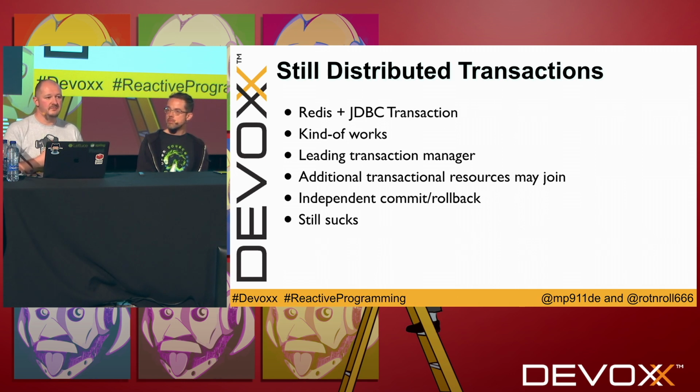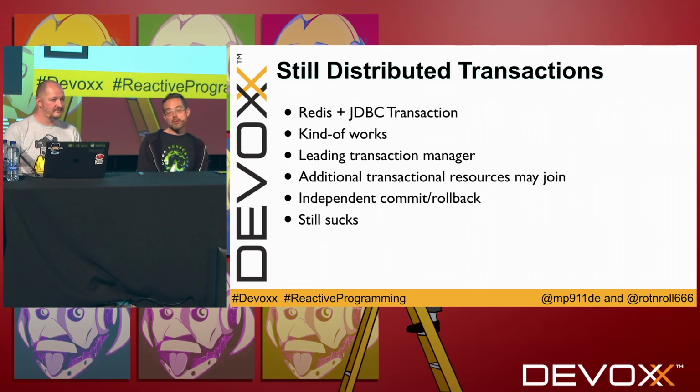That would probably be the JDBC transaction manager that starts the transaction on the JDBC side. As soon as you use Redis in your transaction, the Redis resource just joins the transaction and registers a synchronization. And other resources may as well join. But this is not a transaction in the XA sense.